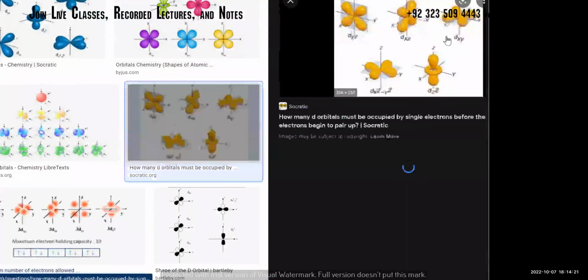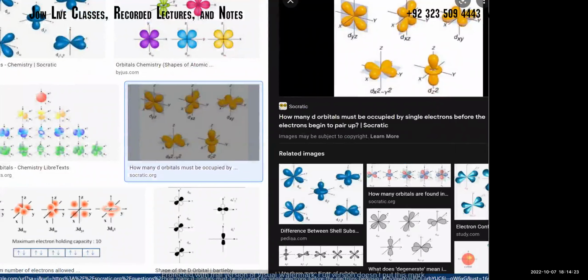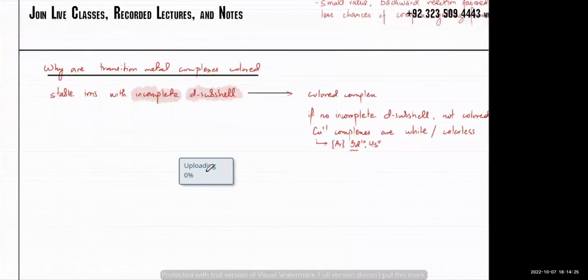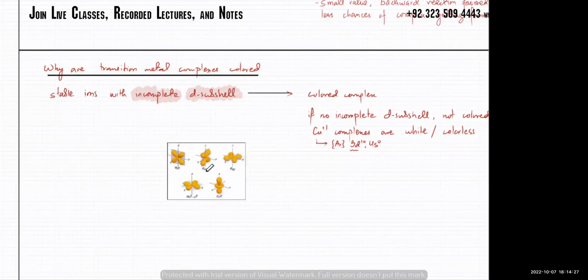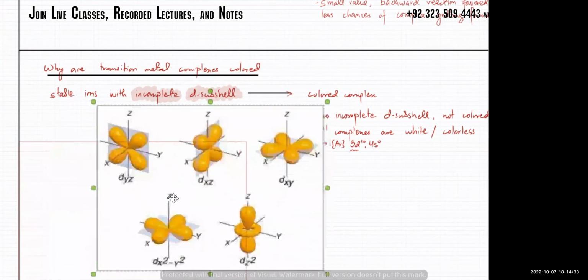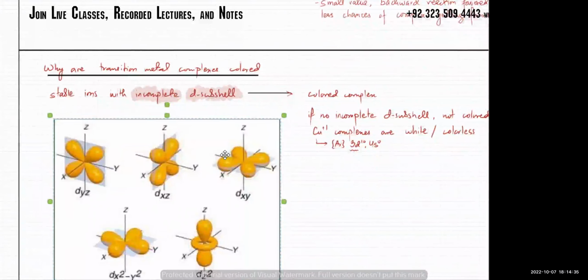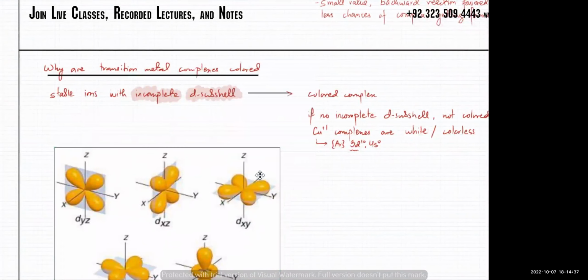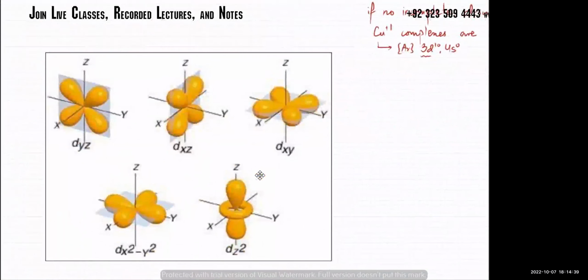Let's take this one. That's a typical d subshell. It's got 4 lobes. You should remember, they'll ask you to draw this. So that's your d subshell.